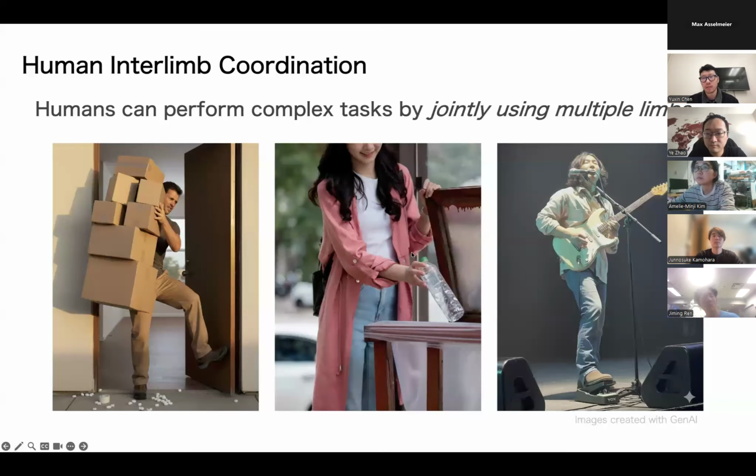Or, for example, we use both arms, one arm holding up the lid of the trash bin and the other throwing in the bottles. Or in this case, we have multiple finger movements on the guitar, and also the foot touching the pedal on the ground.